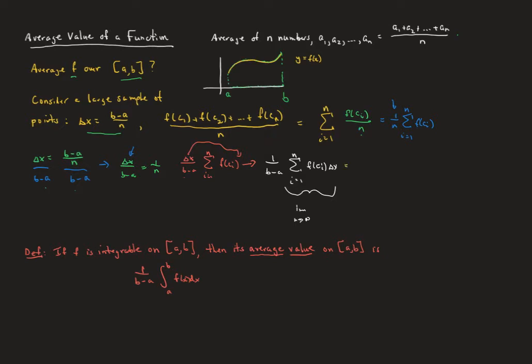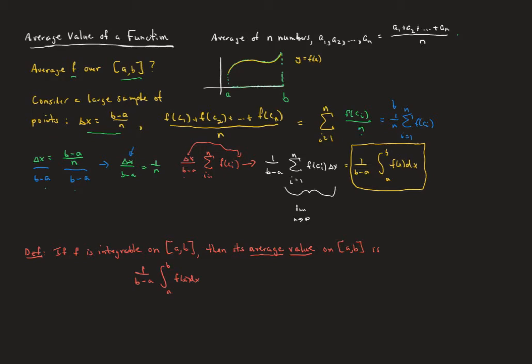So we still have the 1 over b minus a on the outside, but as we take that limit, the summation becomes the integral. And so this, in fact, is how we find an average value of a function over an interval. We take the definite integral from a to b of f of x, and divide it by b minus a.